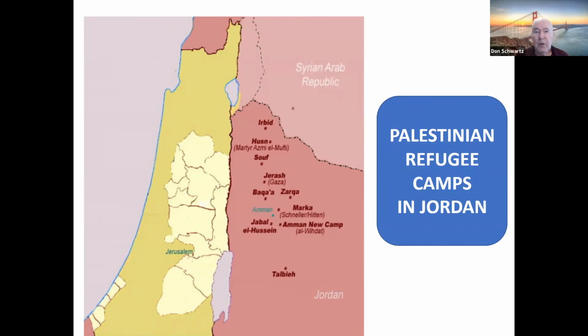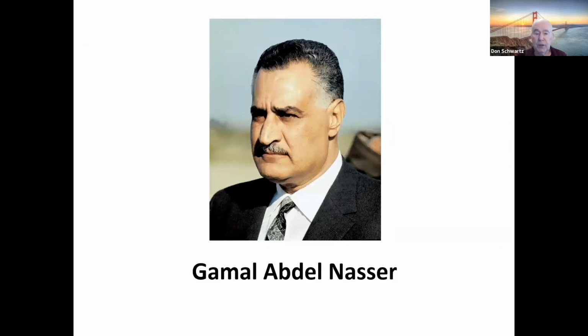The Palestinian refugees were encouraged when Gamal Abdel Nasser took control in Egypt in 1954. Nasser spoke of uniting all Arab countries in an effort to drive out the Zionists and return Palestinians to their home.